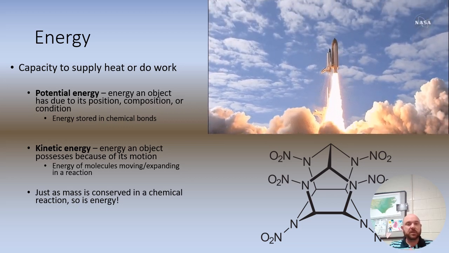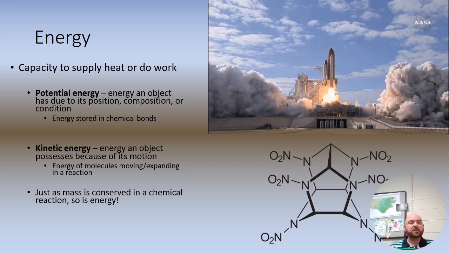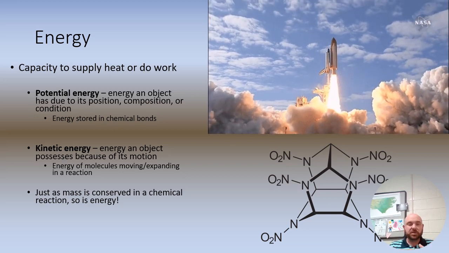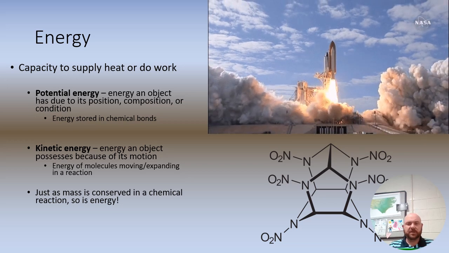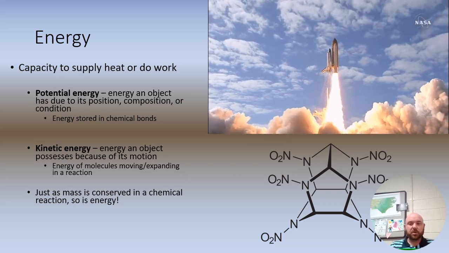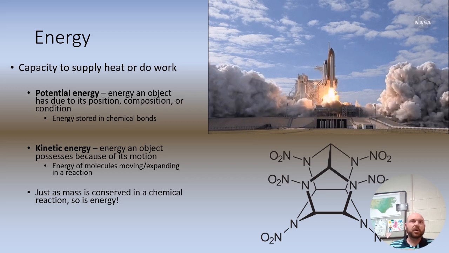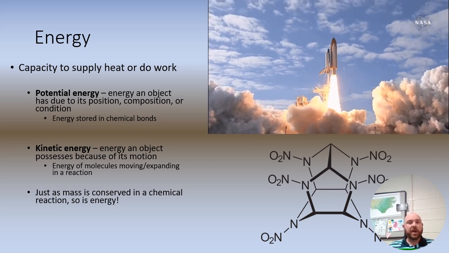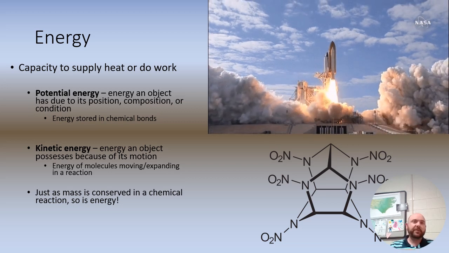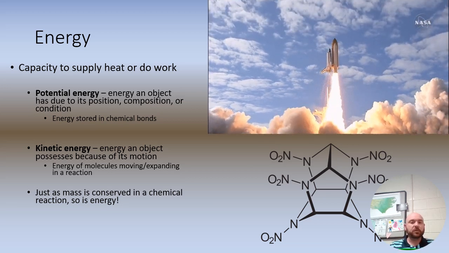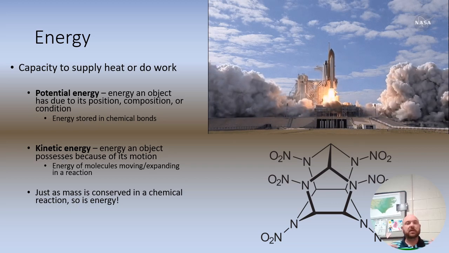Potential energy is the energy an object or a system has due to its position or its composition or its condition. The classic examples of potential energy are things that are suspended above the ground or something that's gone up a hill and it has the potential to roll back down that hill or fall back down to earth due to gravity.